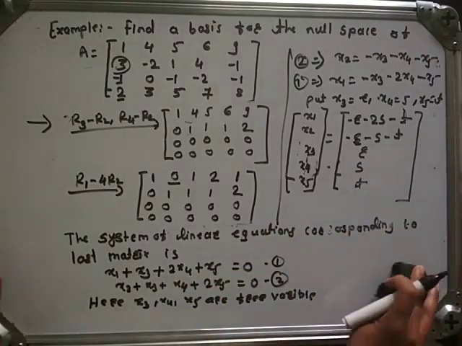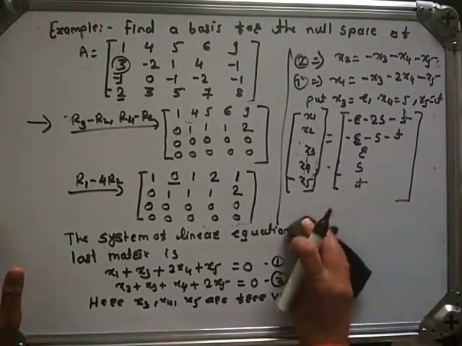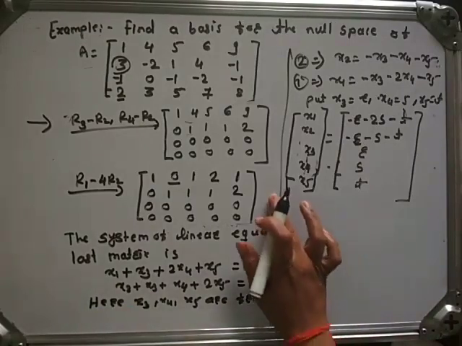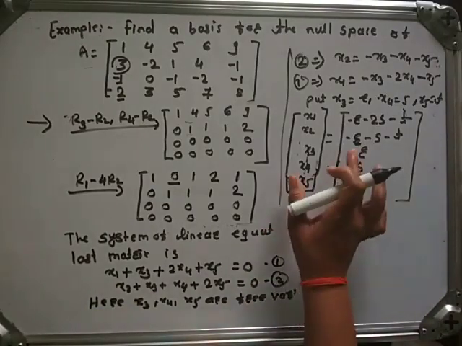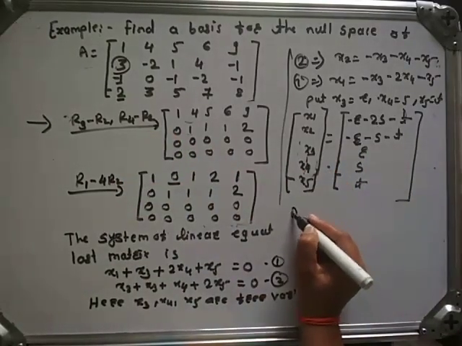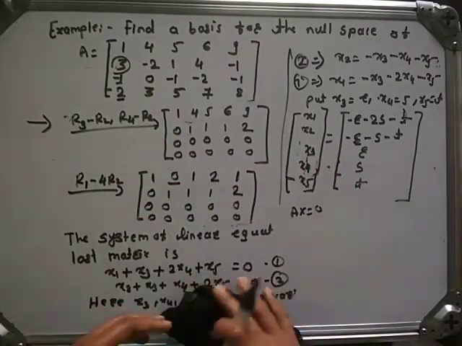This is the solution space or null space of matrix A. This is the solution space of the homogeneous system AX equals 0.